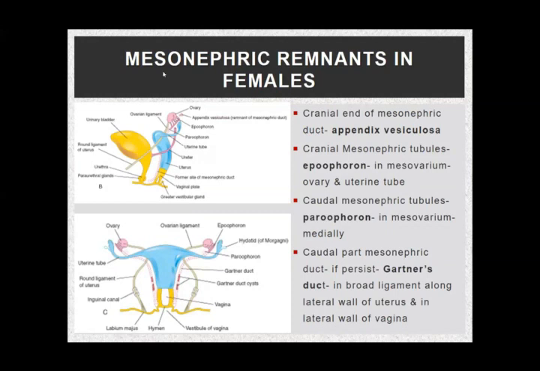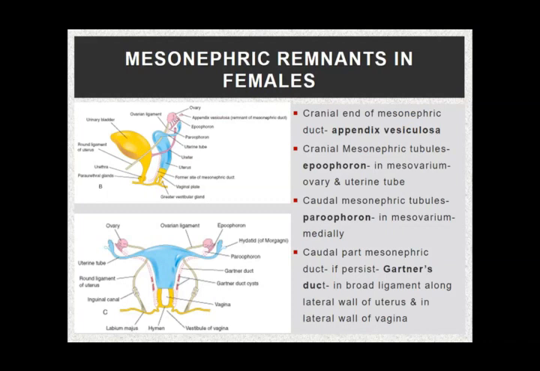The cranial-most part of the mesonephric duct may persist and develop into a structure called appendix vesiculosa. The caudal part of the mesonephric duct, if it persists, we call it Gartner's duct.